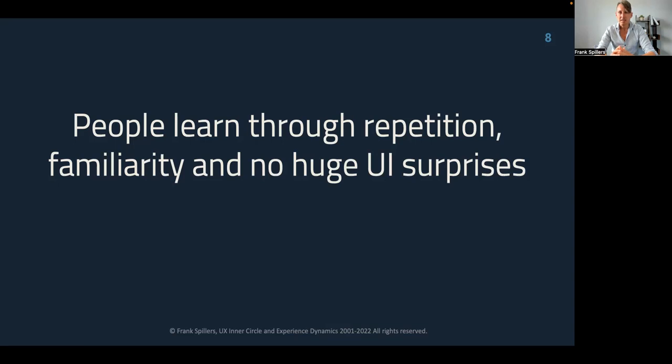So the simple truth is that people learn through repetition, through familiarity, and through low surprises. And when I say no huge UI surprises, I'm talking about bad ones, not good ones. There are plenty of great UI surprises. In particular, if you're designing physical, tangible products, or designing for VR, AR, it's all about surprise.